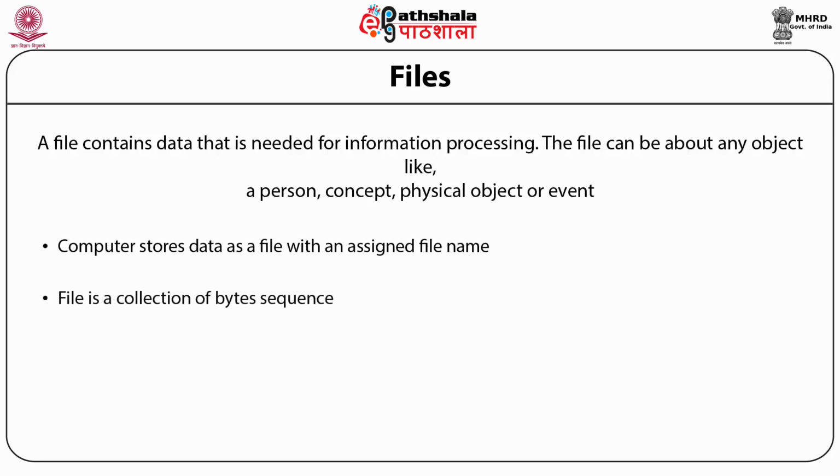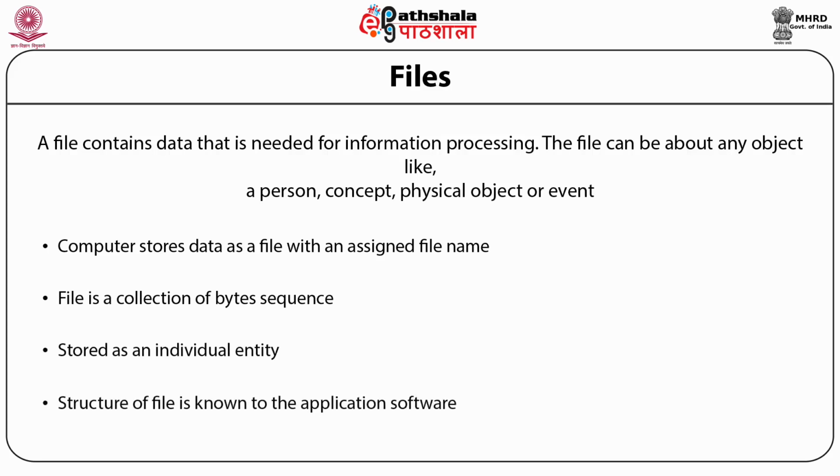These files contain the byte sequence, which ultimately is read by certain application software and creates a meaningful display for us on a screen or any kind of output device. So the smallest unit which can store the data in our computer is a file.